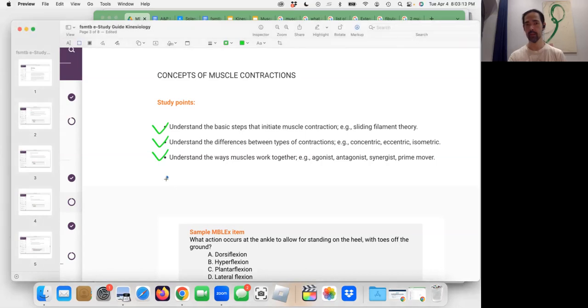And I have a couple of opinions on how much of sliding filament theory may be on the exam, how much of eccentric, concentric, isometric may be on the exam, etc. And I'll share those opinions with you.